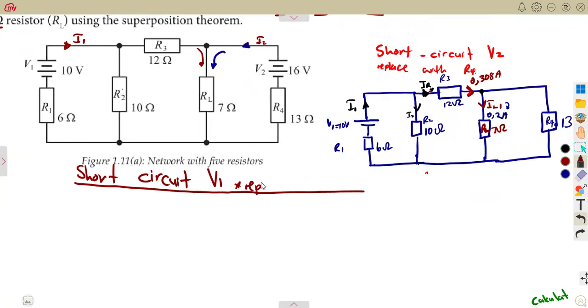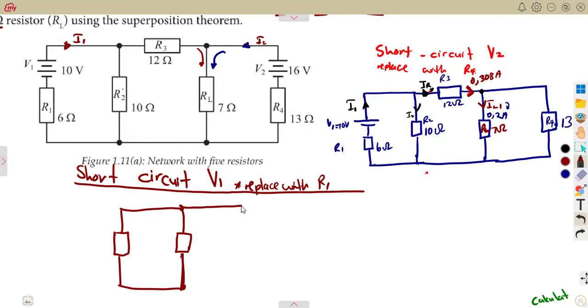So if you short circuit V1, you replace it with the internal resistance there. So you're going to replace it with what? Replace it with R1. So meaning to say, this is just going to be a continuous line. Everything is going to remain as it is. Every other part there is going to remain as it is. We're going to have our resistor 1 to the R2. That's where we have our R2 in that case here.